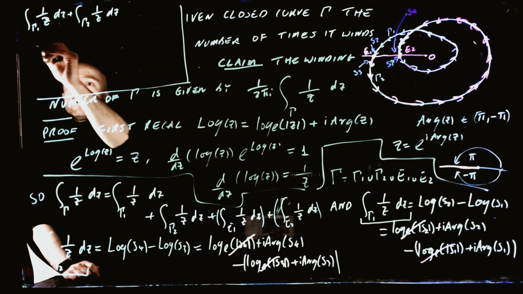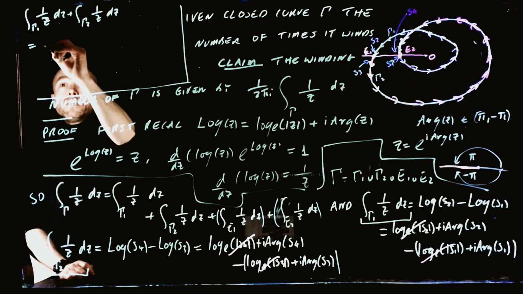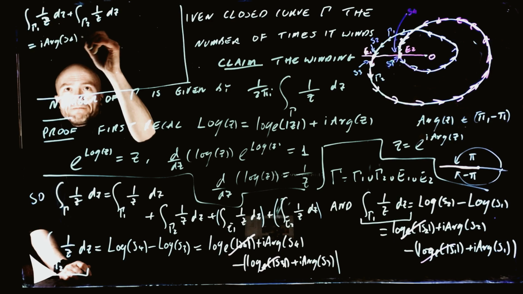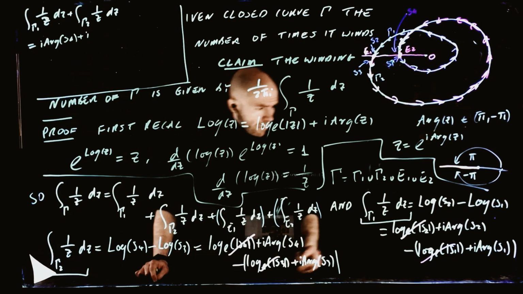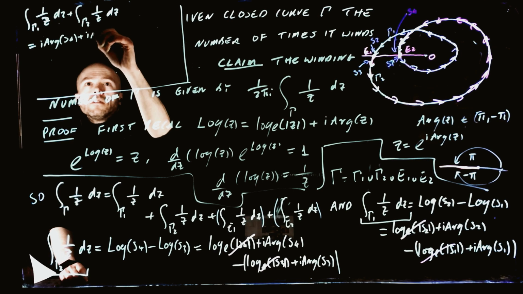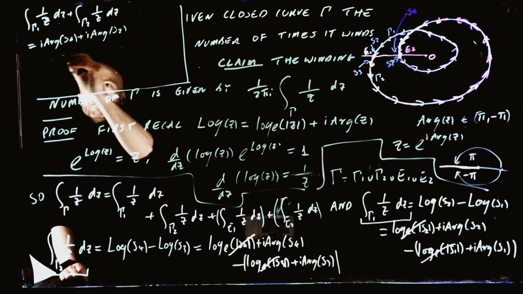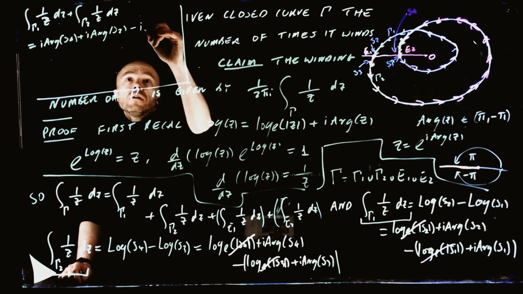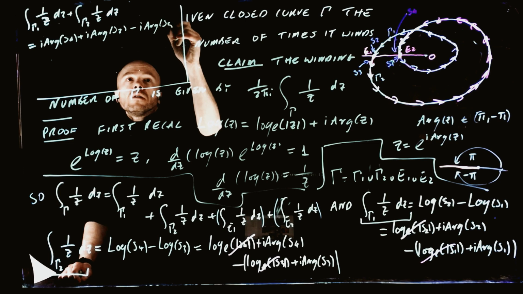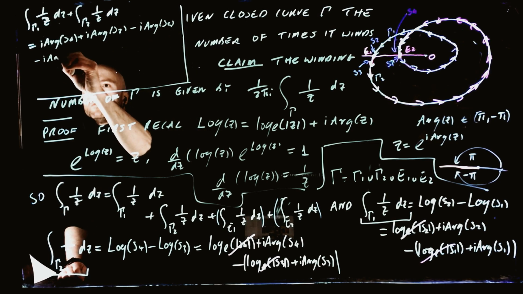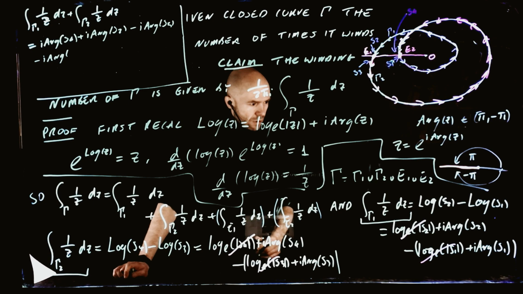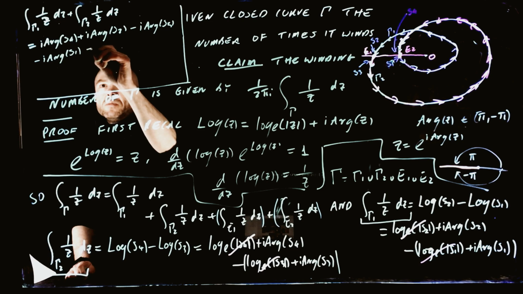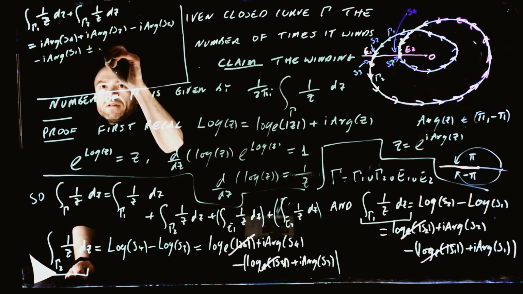So we have i times the argument of S4, plus i times the argument of S2, minus i times the argument of S3, minus i times the argument of S1. And then plus or minus a very small real error.